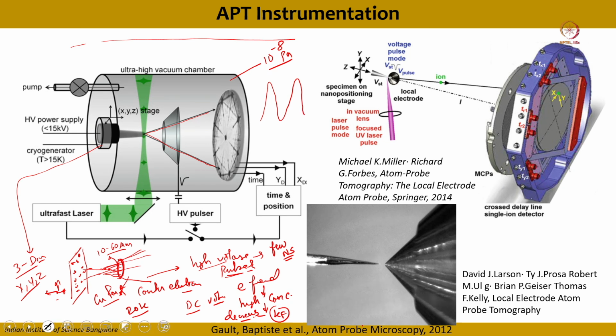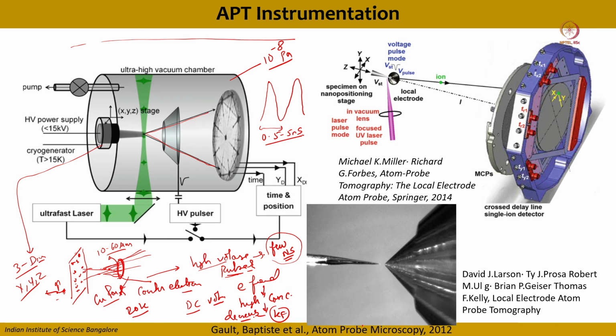Okay, and the time interval between up and down, the rise and decay time, can be between 0.5 to 5 nanoseconds. Okay, so when your pulsing is at the maximum point, you expect that the evaporation of the ions from the tip surface will be maximum.